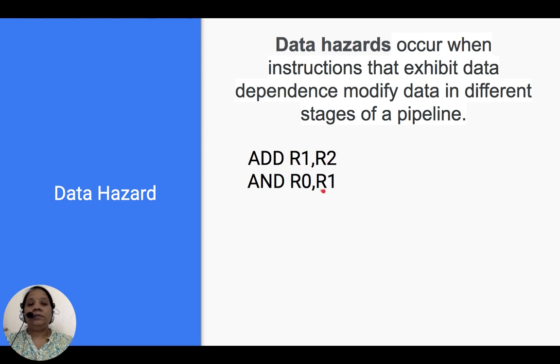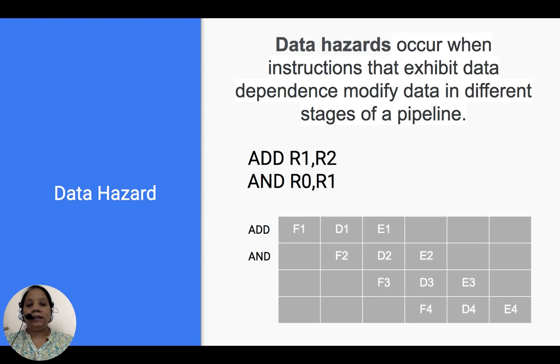Got it? So this AND operation has to be performed on the updated R1 register. It has to wait for the first instruction to complete and store the result back in R1, and only then can it start its processing. This is what we call in computer terminology data dependency.